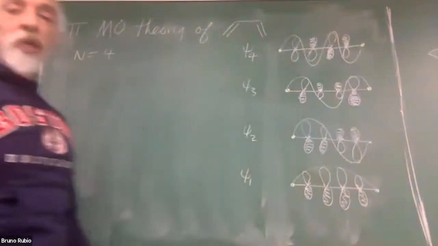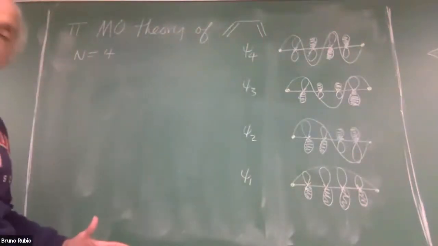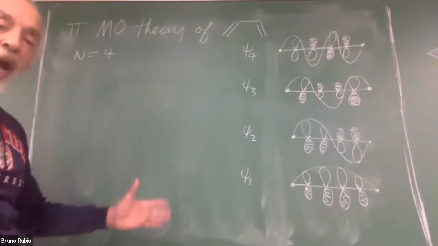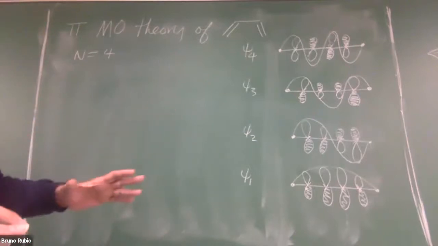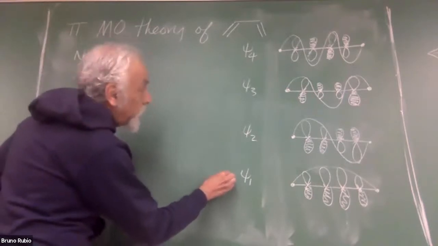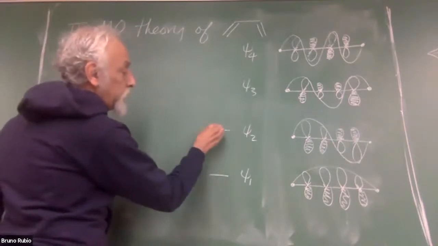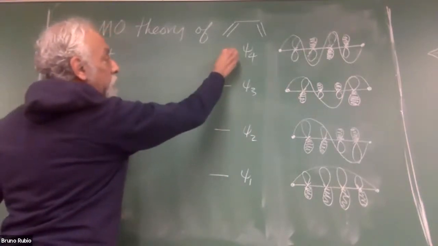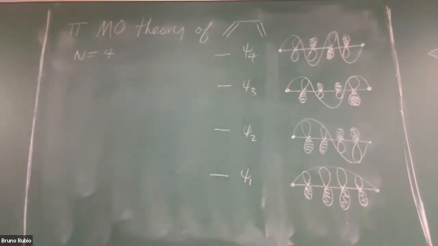Okay, so this is a representation of the 4 pi molecular orbitals of butadiene. Now that's this energy level, that's this energy level, that's this energy level, that's this energy level.